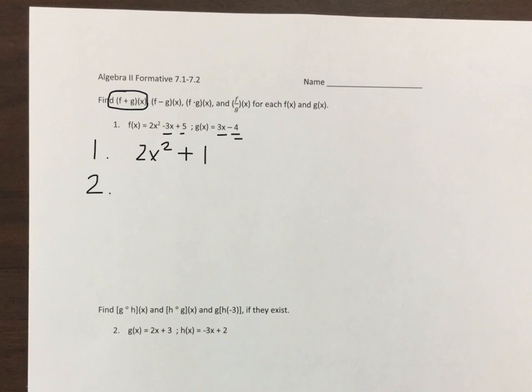Subtraction. The second problem here, we're going to add the opposite. So we're going to take f of x, which is 2x squared minus 3x plus 5. Excuse my stylus there. And then we're going to subtract 3x minus 4.